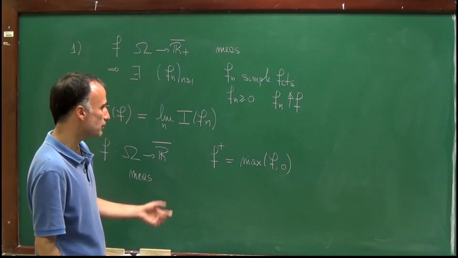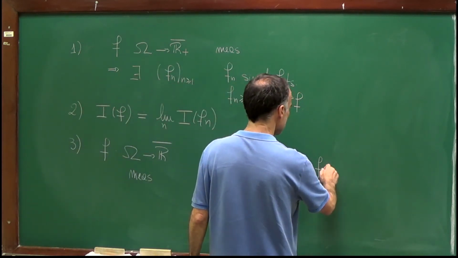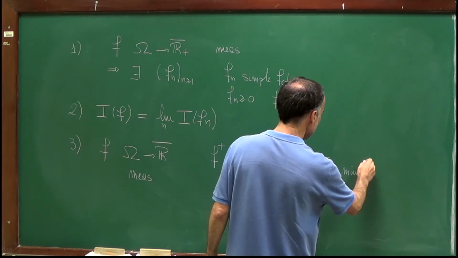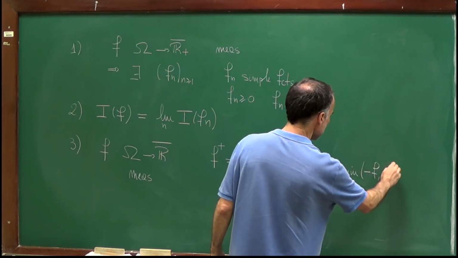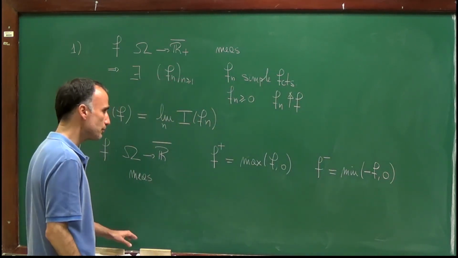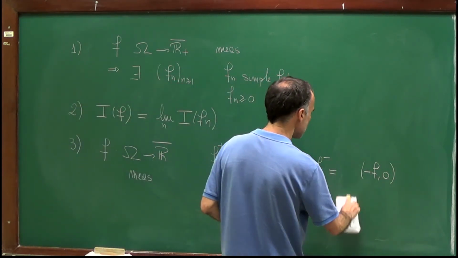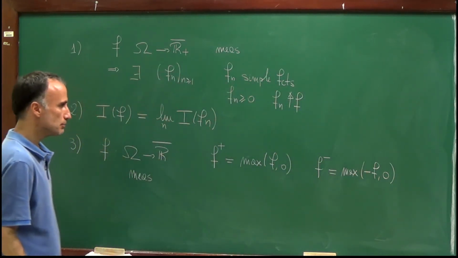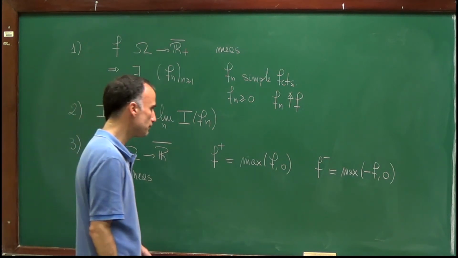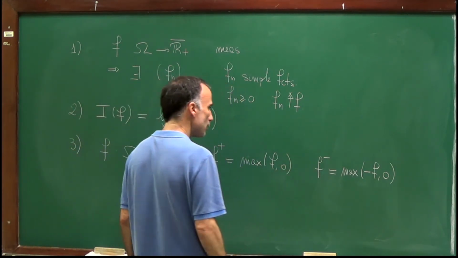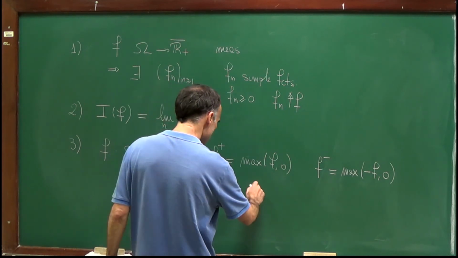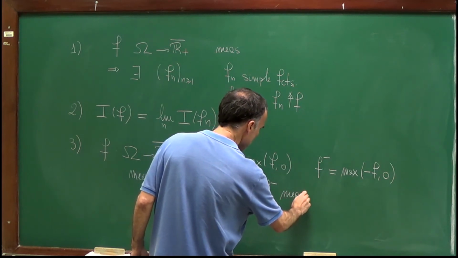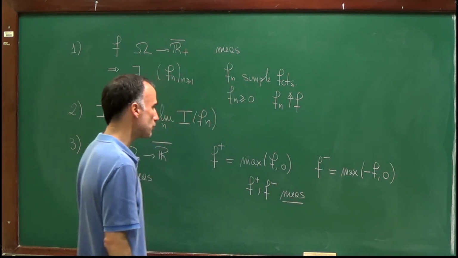And in the same way, I will define the negative part, which will be represented by f minus, which is the maximum between minus f and 0, which is also non-negative. So these two functions are, we will show, measurable.